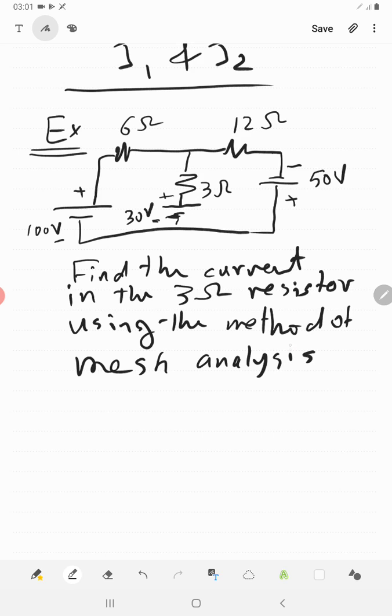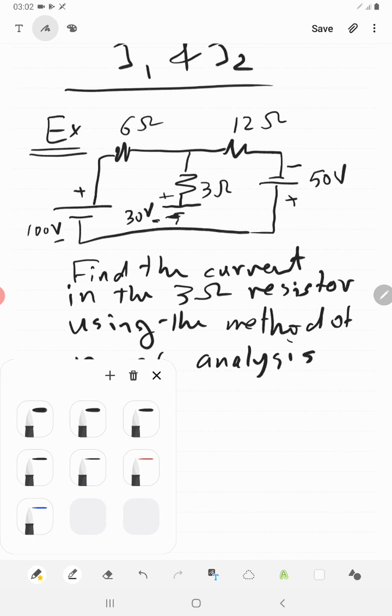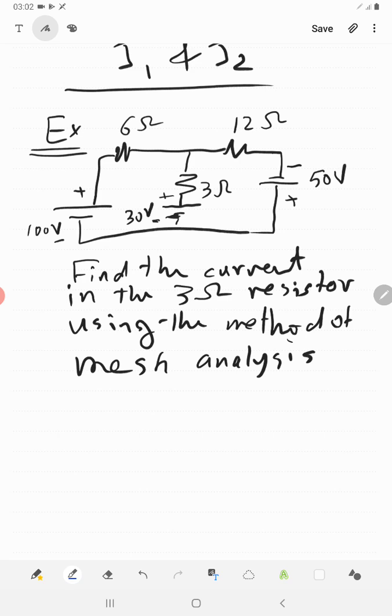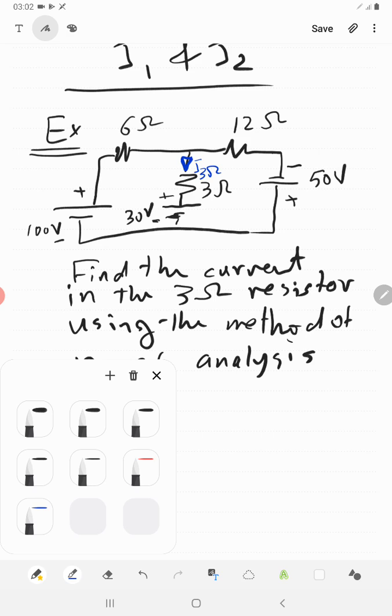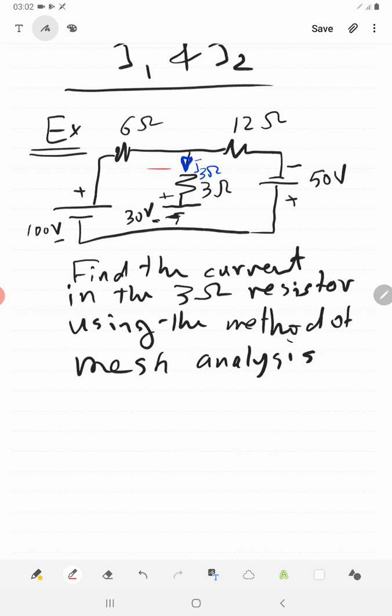Okay? What we want to find is the current in the 3 ohms resistor. So this is I of the 3 ohms resistor. Okay? Now we have 2 loops.